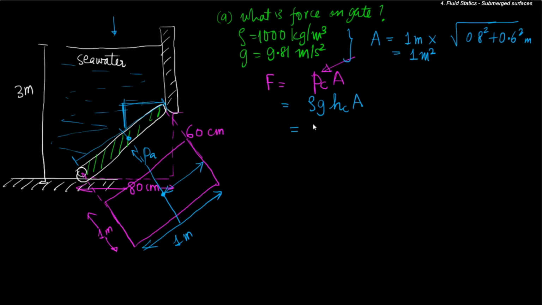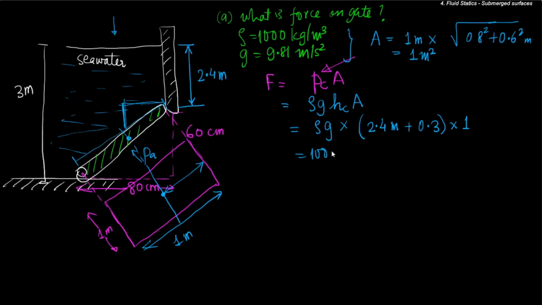So we have this equal to rho g times. If this is 3 meter and this is 60 centimeter, so this particular height will be equal to 2.4 meter. So this will be 2.4 meter plus 0.3 times the area.